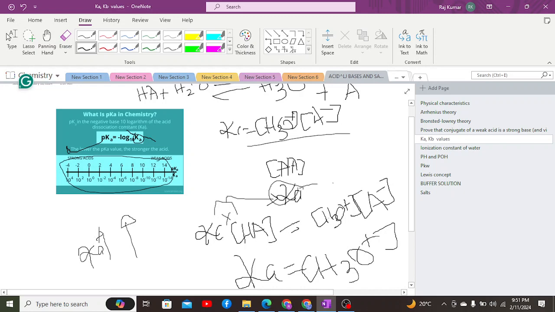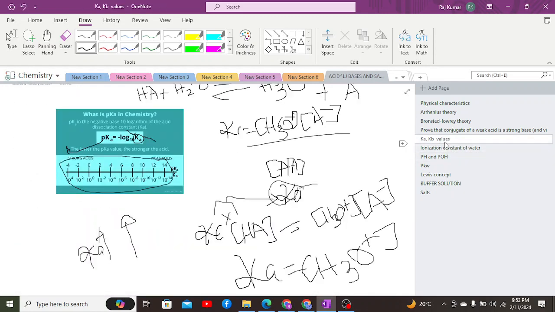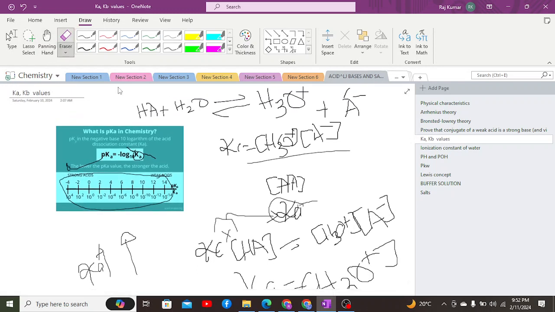Now, another concept behind it is the Kb value. Kb is also the same. Instead of HA, let's suppose we are going to utilize another compound, BOH.